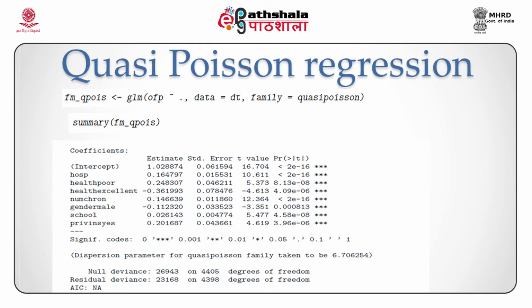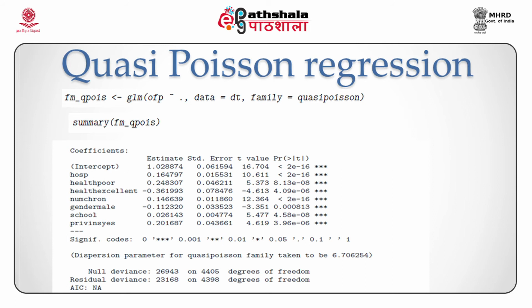Now recall that on the first slide I had said that fitting a quasi-Poisson model would assume that if the mean is given by mu, then the variance is given not by mu but by a function theta mu, where we allow theta to be estimated from the data. So that is what we have done using the quasi-Poisson option, and it turns out that for this data set, theta is equal to 6.7, which of course is considerably larger than 1, and hence it appears that there is substantial over-dispersion in the data.